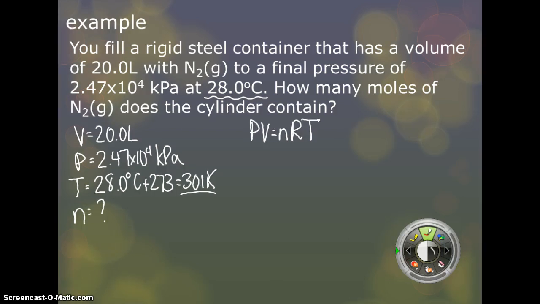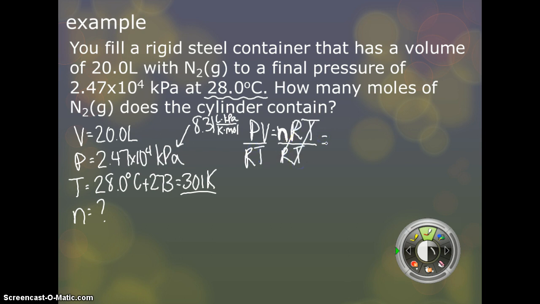We need to figure out which gas constant to use. Since we have kPa here, we're going to use our 8.31 liter kPa over Kelvin mole. Since we're solving for N, we have to rearrange to get N by itself, which means dividing both sides by RT.